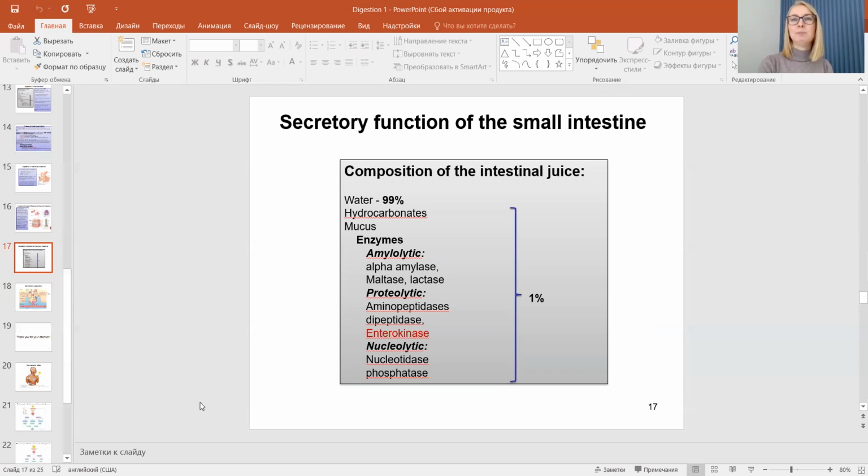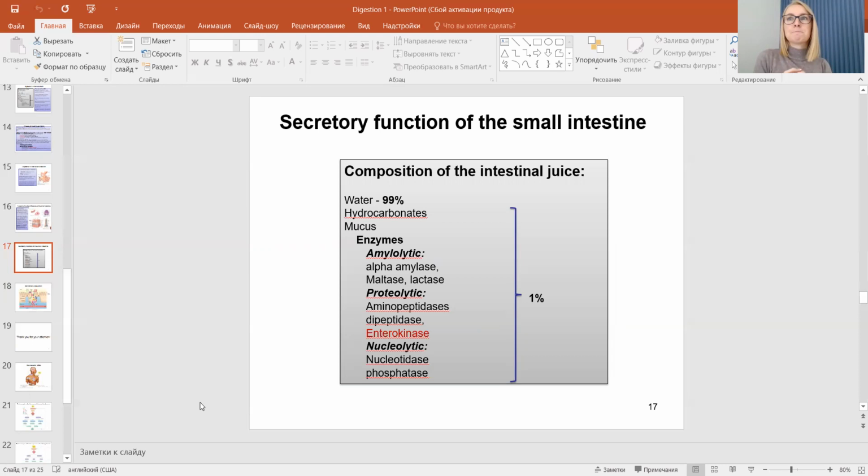Most of the cells that make up the surface of the villi have numerous cytoplasmic extensions called microvilli, which further increase the surface area.